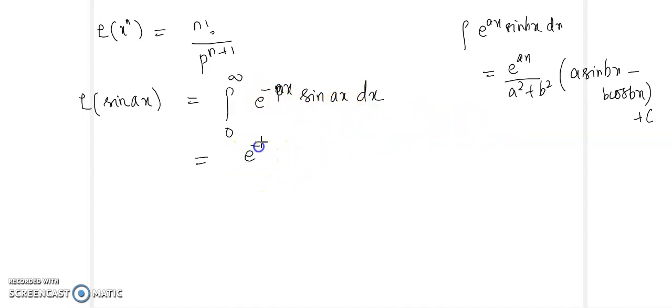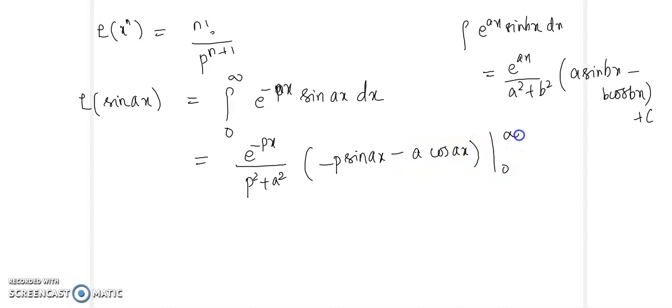So you will get e raised to minus px by p square plus a square, times minus p sin ax minus a cos ax, from 0 to infinity.